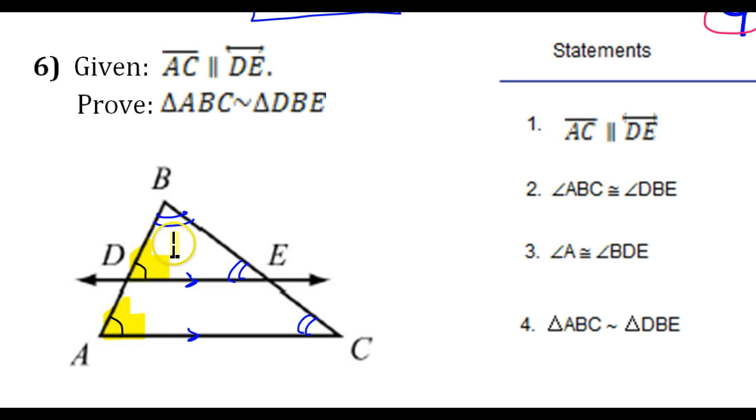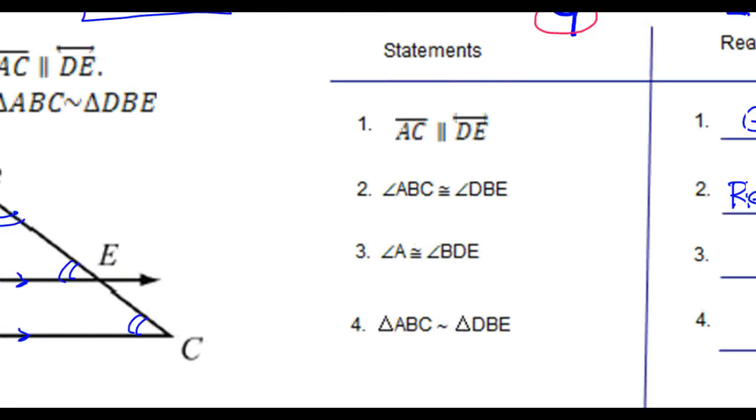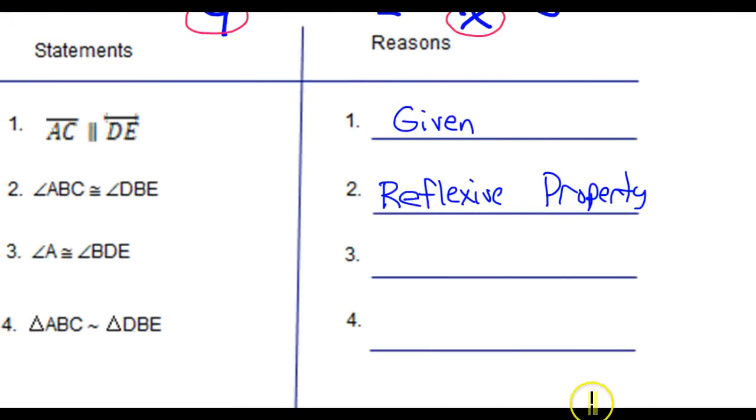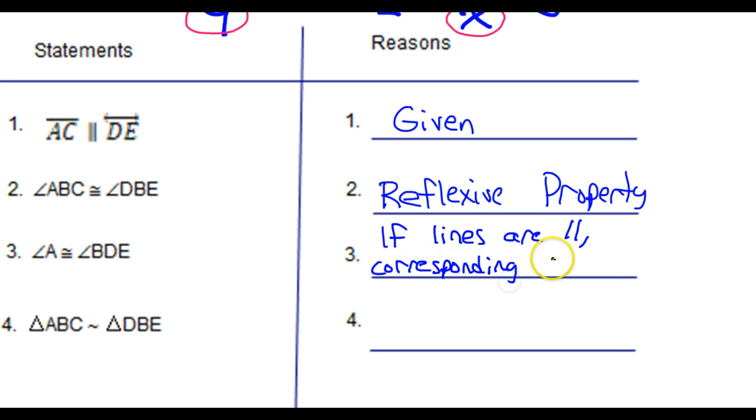So those are the corresponding angles we were talking about. So we will say if lines are parallel, corresponding angles are congruent.